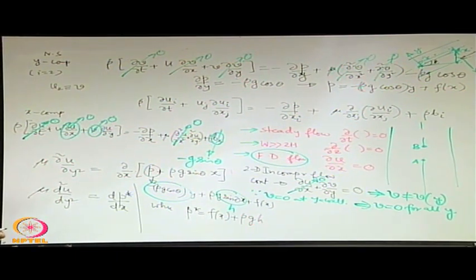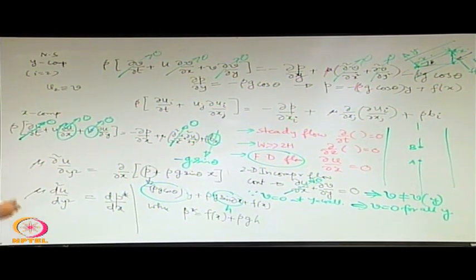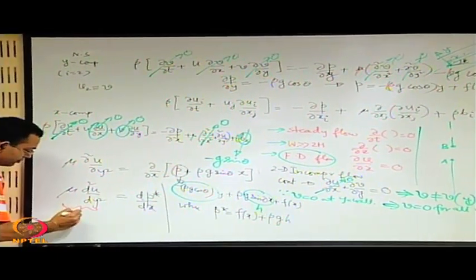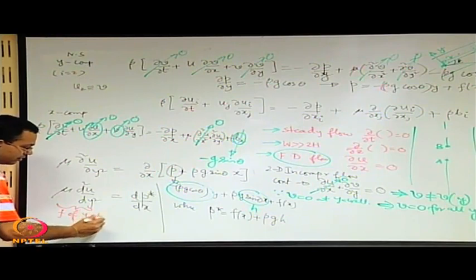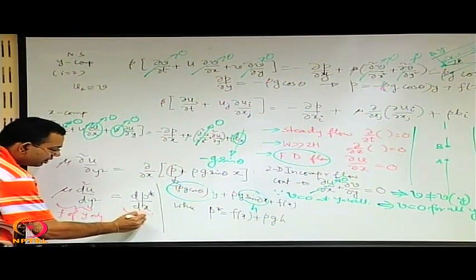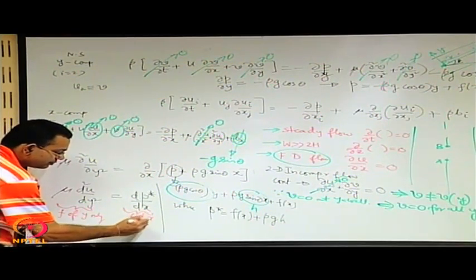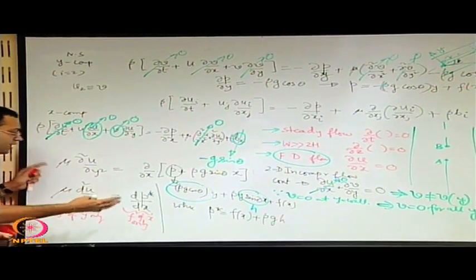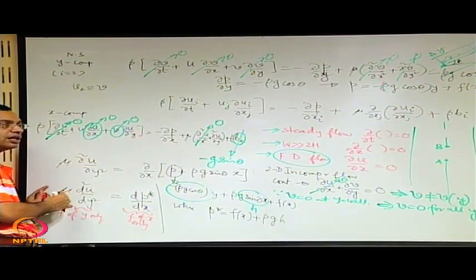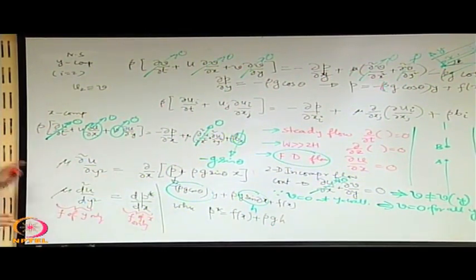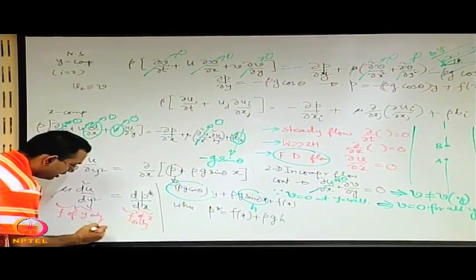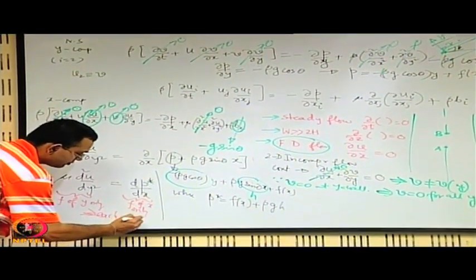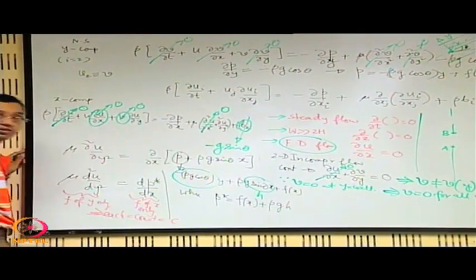So now you have an equation where the left hand side is a function of y only, the right hand side is a function of x only, right. It is possible only when each is a constant, otherwise you cannot have an effect where some function of x will nullify some function of y. So this implies that each is equal to a constant, say the constant is equal to c.